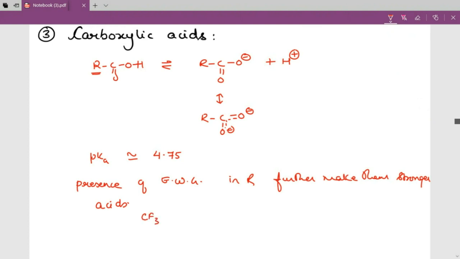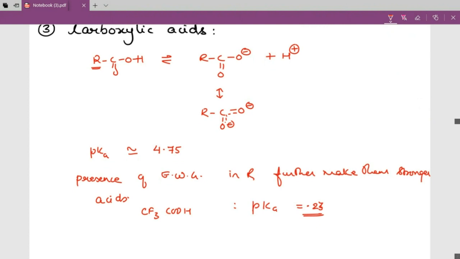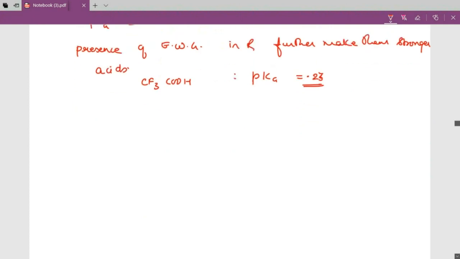Just to exemplify, CF3COOH pKa is 0.23. You can see, less than 1. It is such a strong acid. Acetic acid, I told you, is 4.75. This is 0.23 and so on. So if you introduce electron withdrawing groups, their acidity will increase.